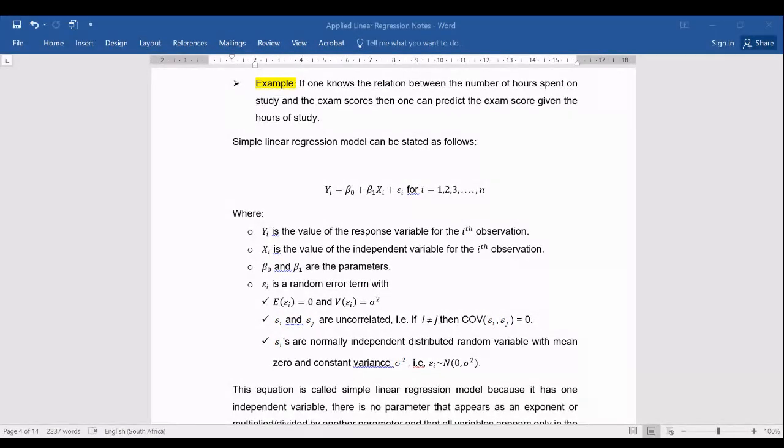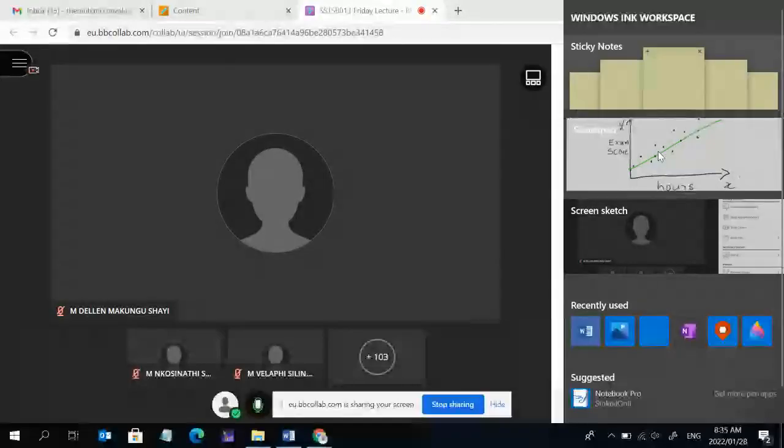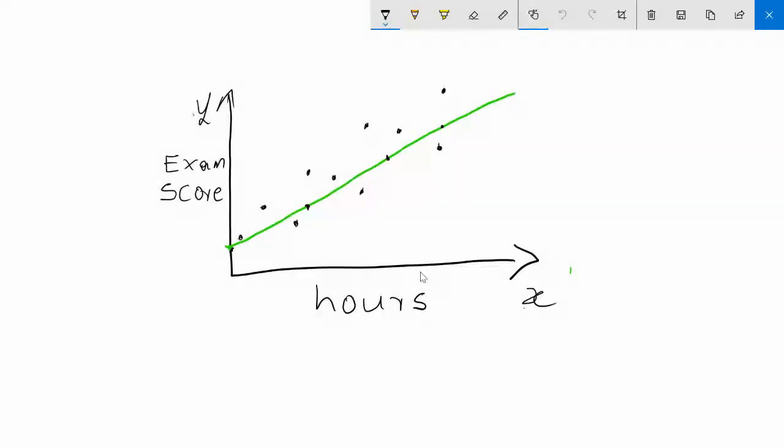So now let's look at this. What are these errors? So let's have a look at this. You remember this from yesterday. We had this scatter plot. We are still looking at the relationship between the exam score and the hours.